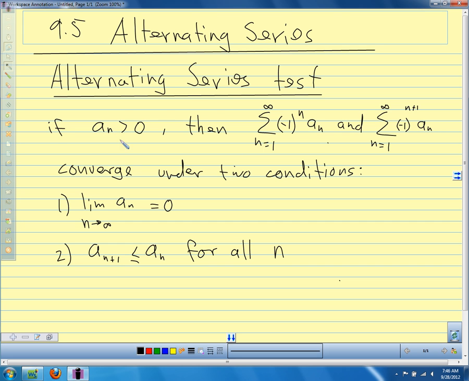Our definition doesn't include the sign, so we're ignoring that. We want to separate it out so that we have some positive quantity here, and then we deal with our alternating signs separately. Some books do it differently, with an absolute value in there. I just want you to be aware of how we're defining this.